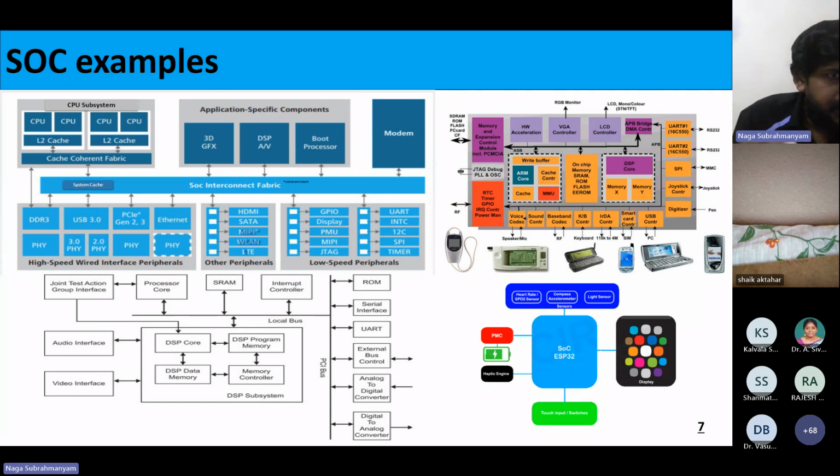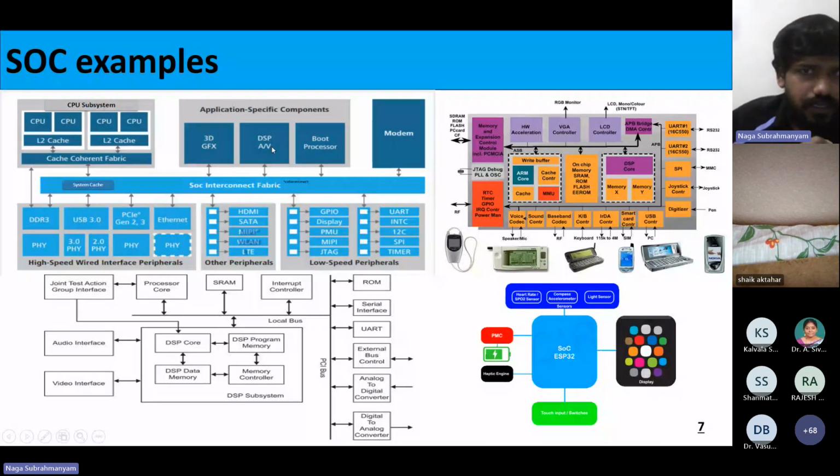All the memories have to be interconnected, so then we have a cache coherent kind of thing. And here, based on the requirements given to the designer as per the architecture, these application-specific components will be there.